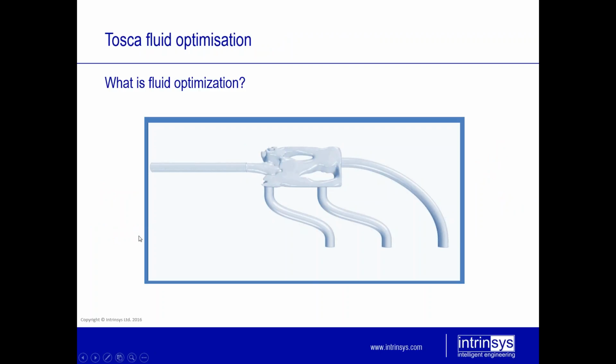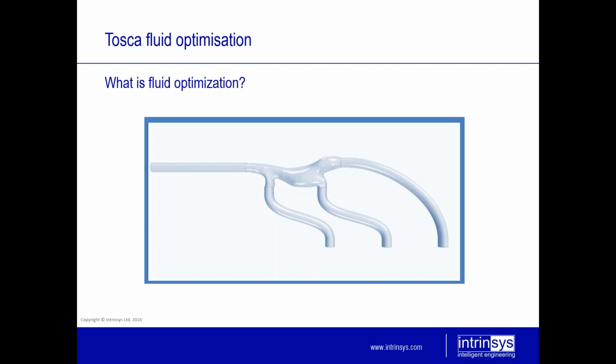So what is fluid optimization? Fluid optimization is about optimizing the flow of a design and reducing the loss of pressure inside a tube or a component.